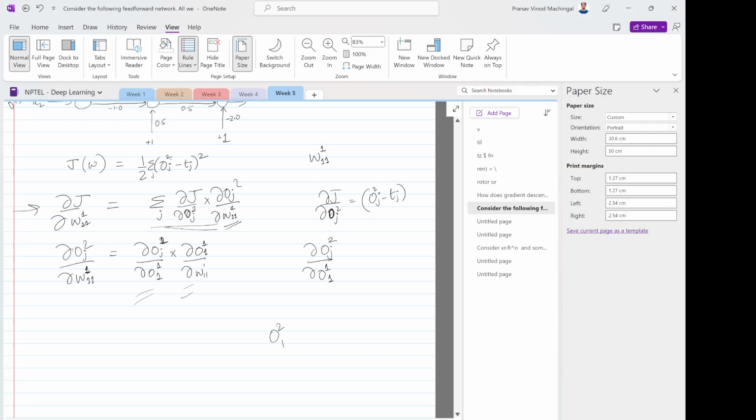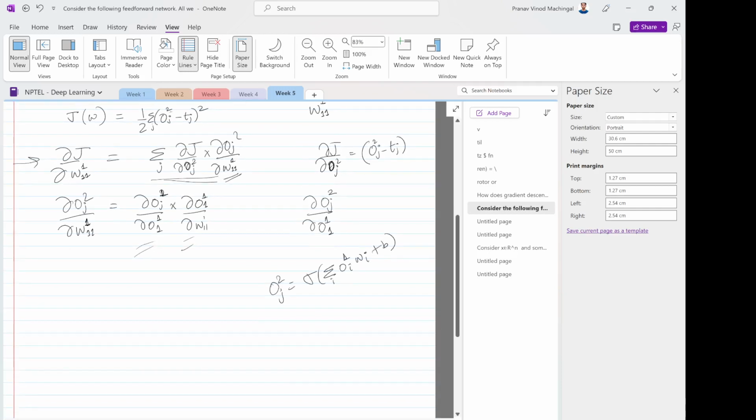So your O2j is what? It is sigma of summation of O1i into Wi plus some b. So you are taking the derivative of this.